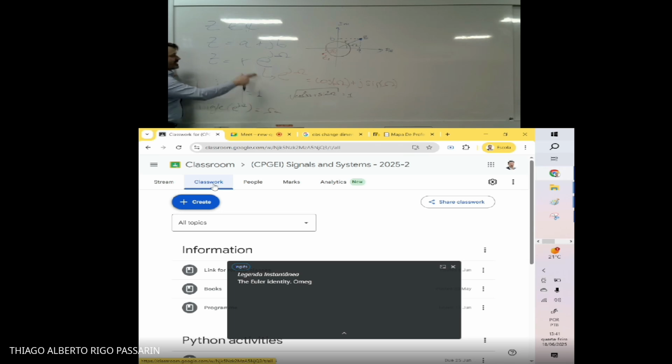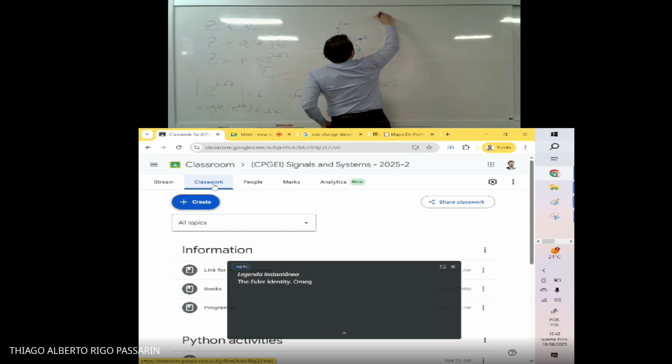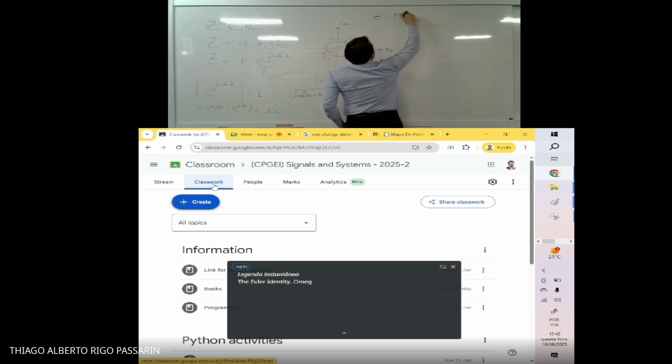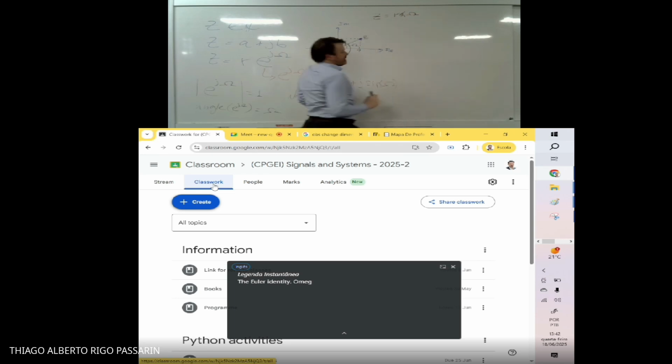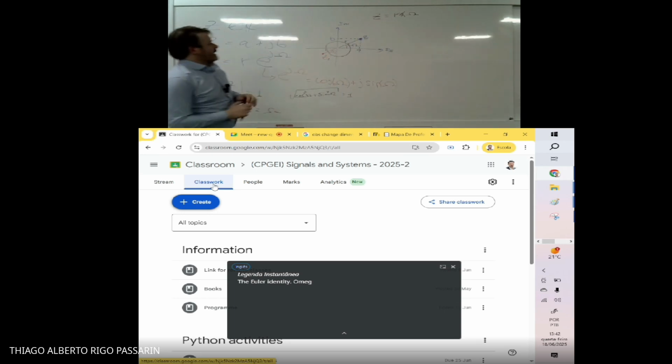And this is what makes this representation so useful, because we have radius and angle. And this is algebraically accurate, differently than this representation, which is R angle omega. This is used as well. Maybe you have seen this when you studied phasors.